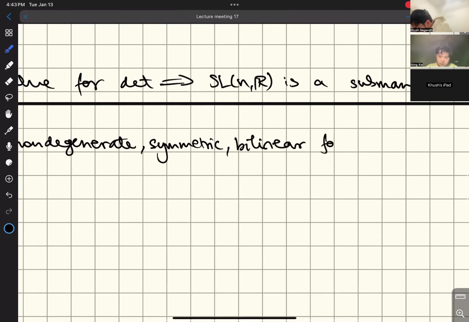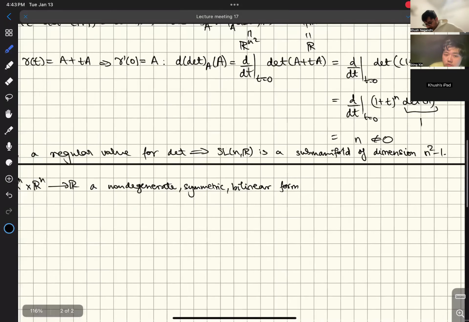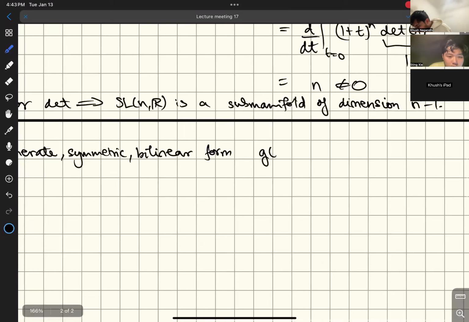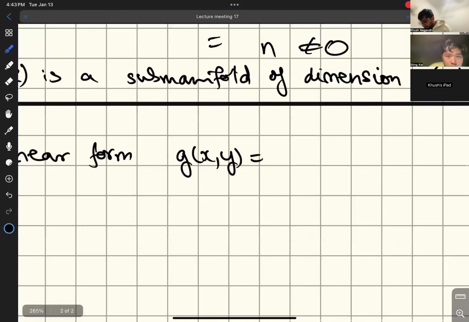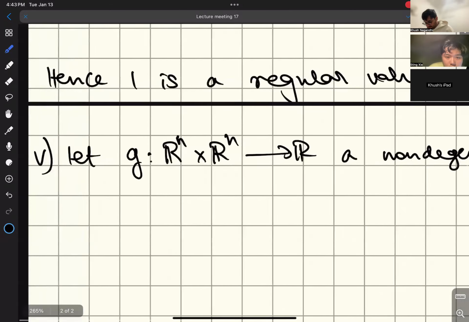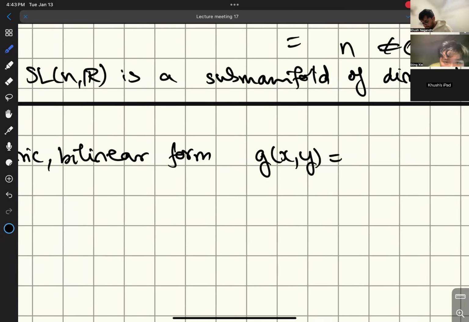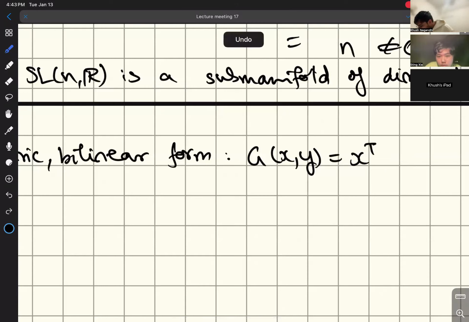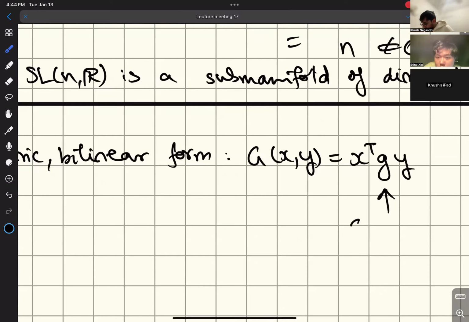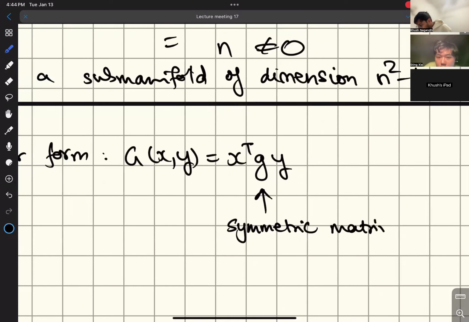The way we're going to define this is, I'll call this map G, so G of x, y equals x transpose G y. So G is some symmetric matrix.